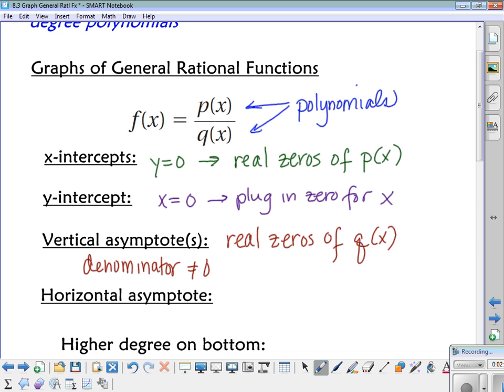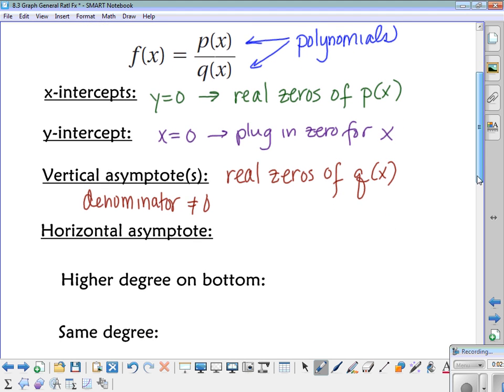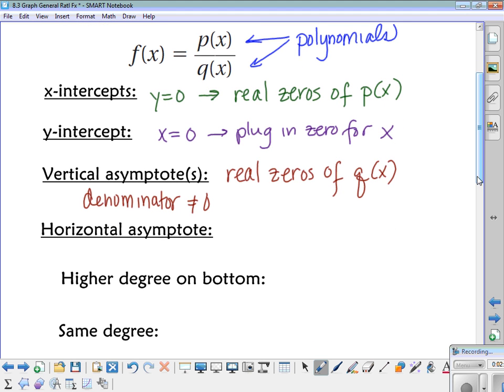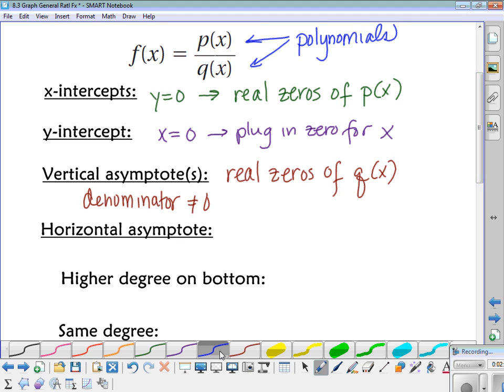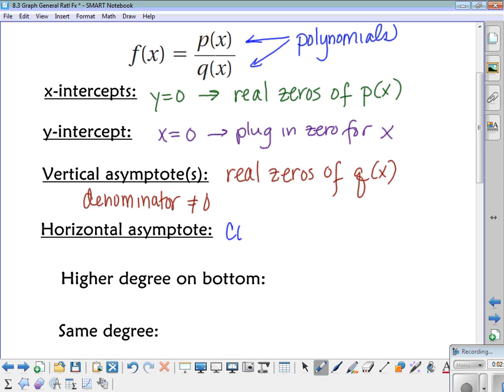And then for the horizontal asymptote, it depends on the degree of the two polynomials. So the first thing you have to do is figure out what your situation is. You need to compare the degrees of the two polynomials. We're going to compare the degrees of p of x and q of x.